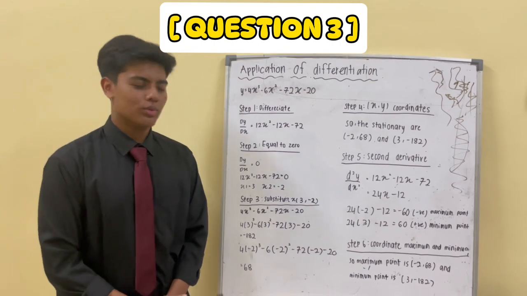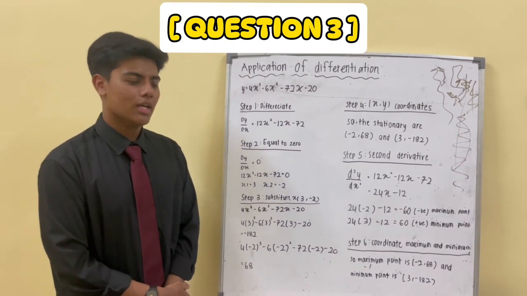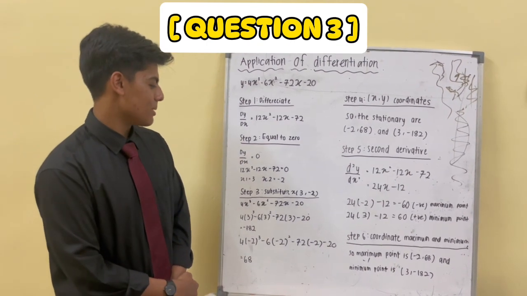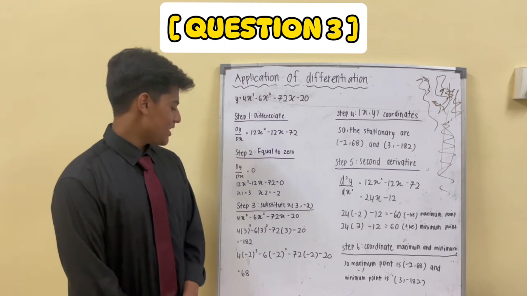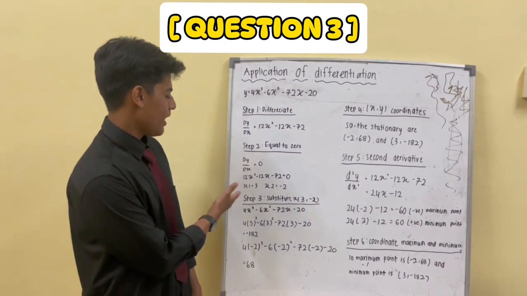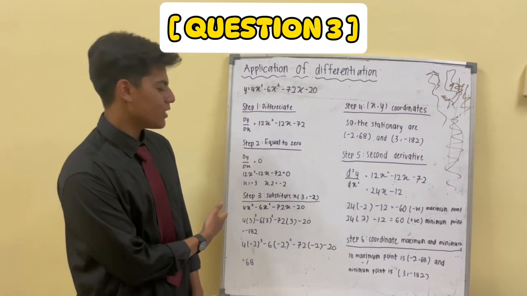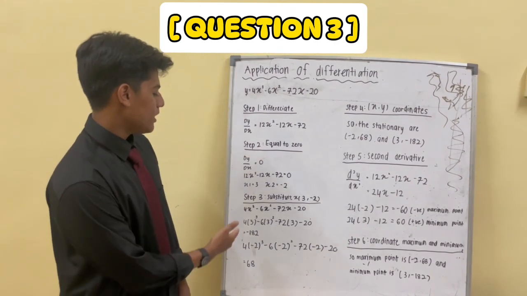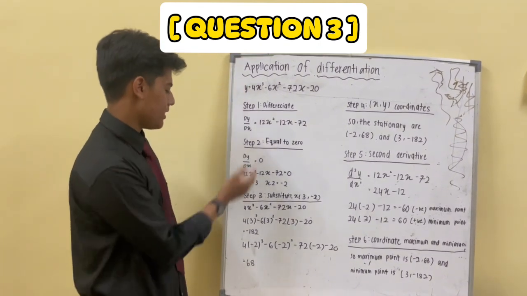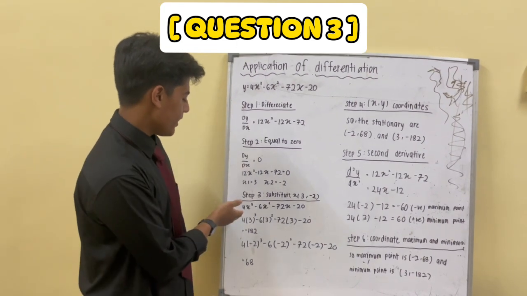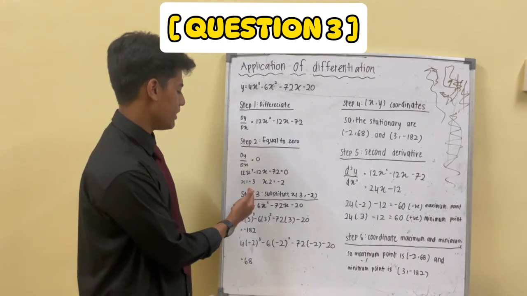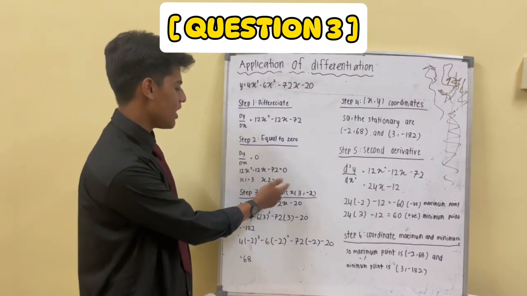So we just have to set the numbers in the calculator, and we got x1's answer is 3, x2 is minus 2. So for step 3, we're going to substitute x, which we got from step 2, x1 equal to 3 and x2 equal to minus 2, into the original question. We write down the question back again and replace all the x with 3 and minus 2.